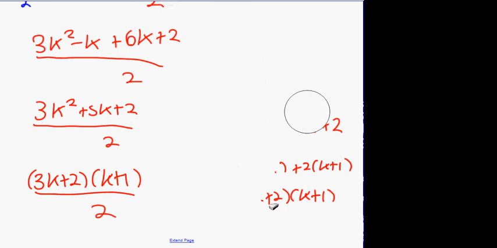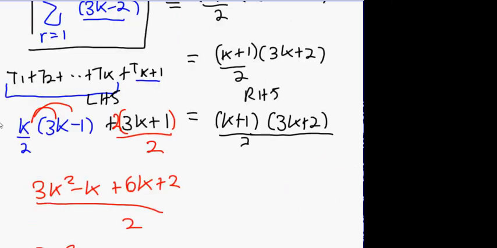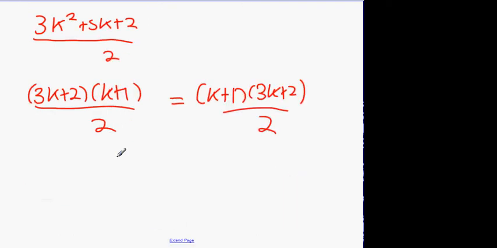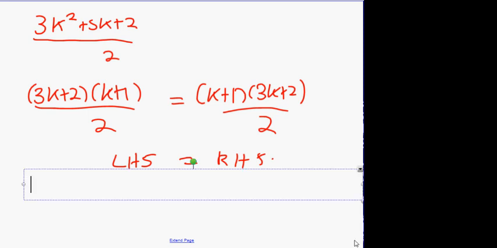Now once we've done that, what you can see next is that the left hand side equals k plus 1 into 3k plus 2 all over 2. LHS equals RHS. So therefore P of k plus 1 is true if P of k is true.